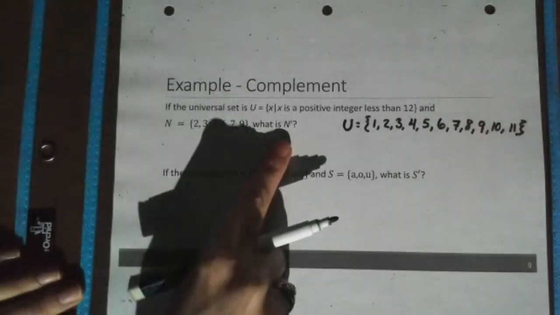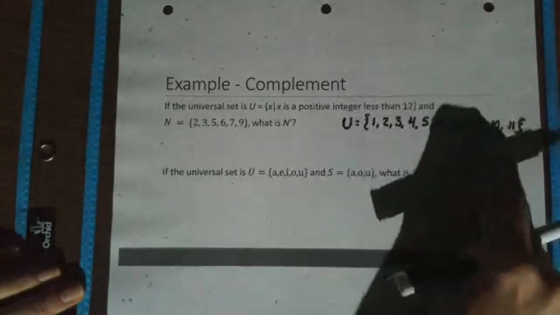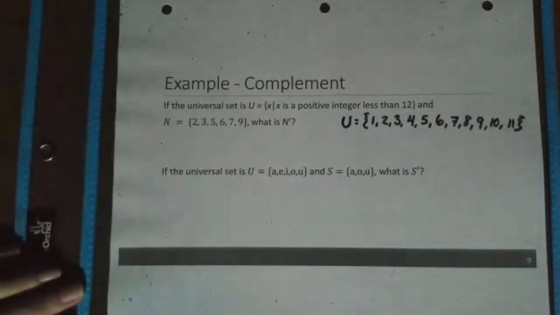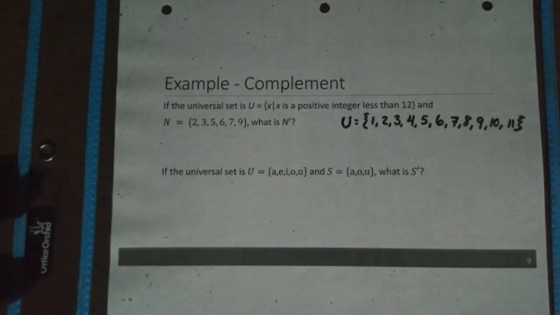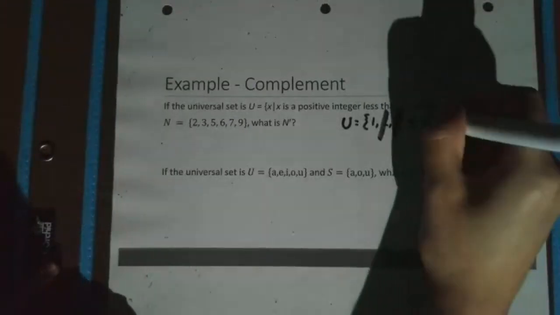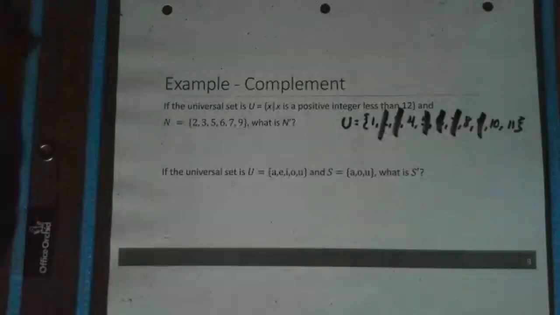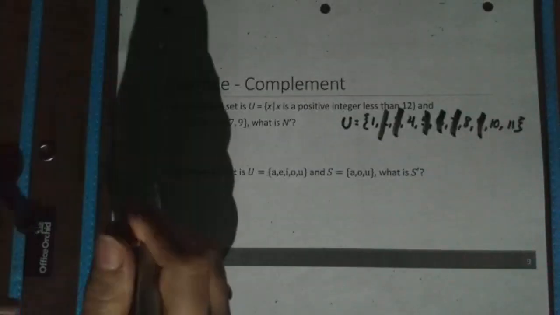If we are looking for the complement of N, that means we are looking for the elements that are in here, but are not in set N. So I'm going to go to my universal set and cross off everything that is in my set N. So that'd be 2, 3, 5, 6, 7, and 9. What's left is going to be my N prime.